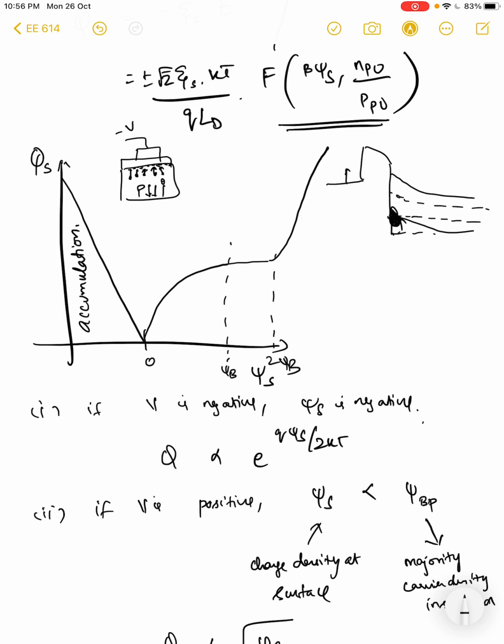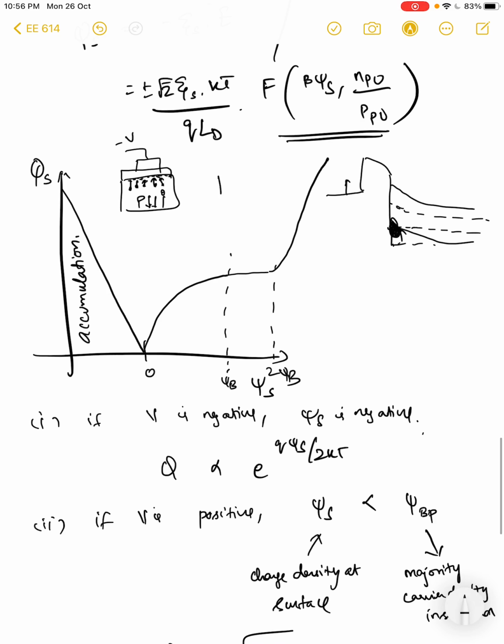Now let us look at what happens when you apply a positive potential to a PMOS MIS structure. I take a semiconductor here, and again apply a positive potential. Of course, the holes are repelled.